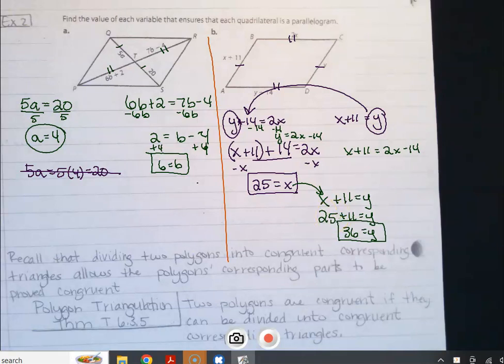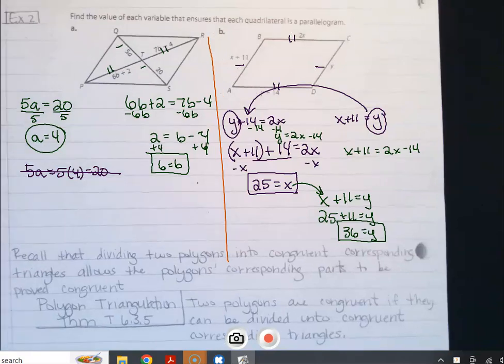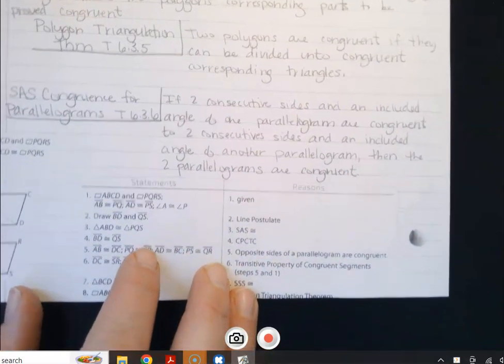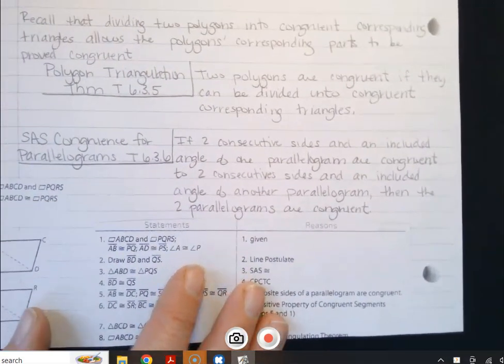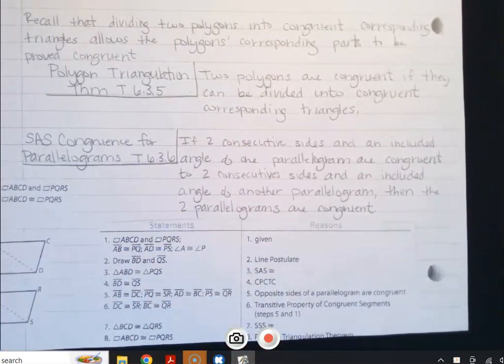All right, then we're going to look at the last part here. It is a recall. So recall that dividing two polygons into congruent corresponding triangles allows the polygons' corresponding parts to be proved congruent.